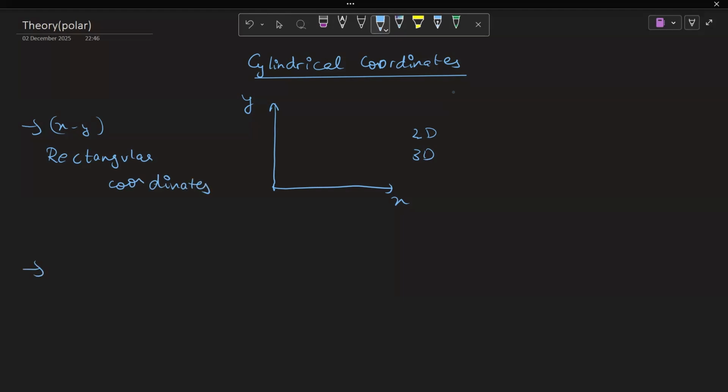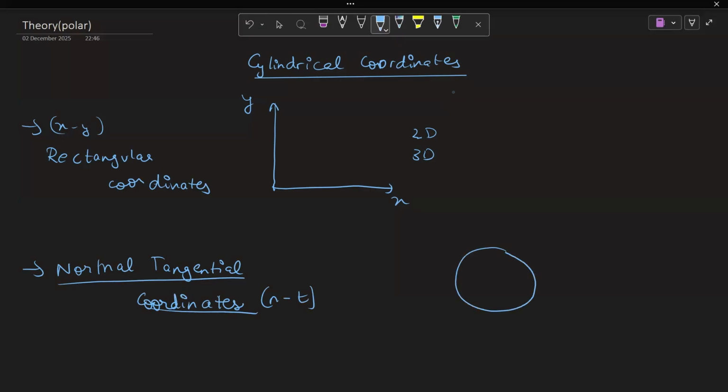Taking it further, we have studied tangential and normal coordinates. This is basically the circular motion, which we represent by nt. Whenever it takes place, the path traveled by a particle along the motion is the tangential component, and perpendicular to the motion of the circle is the normal component.